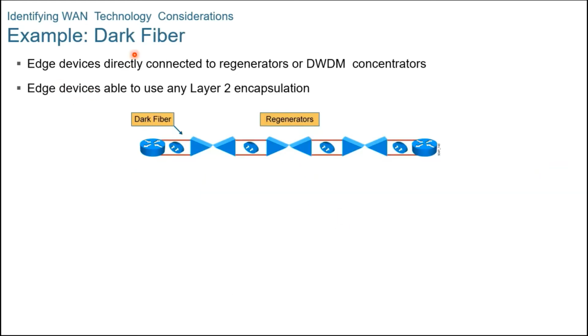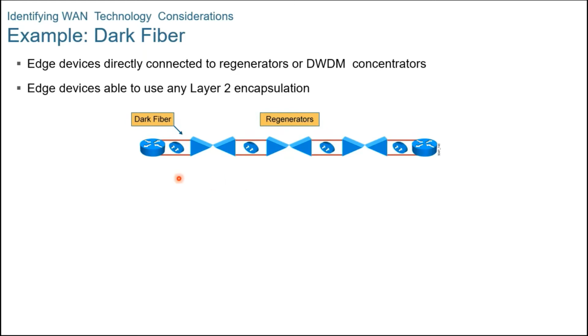Next would be the dark fiber. Dark fiber refers to fiber optic cables leased from the service provider and connected to a company's own infrastructure. Dark fiber is illustrated on this figure here. The framing of a dark fiber is provided by a company's devices and does not have to be SONET or SDH.